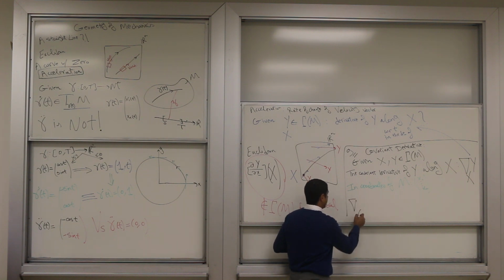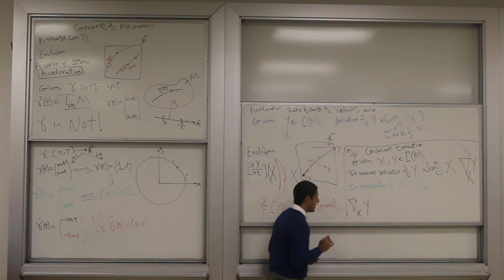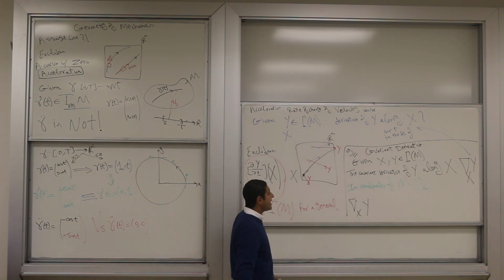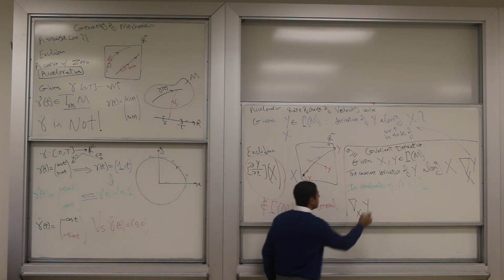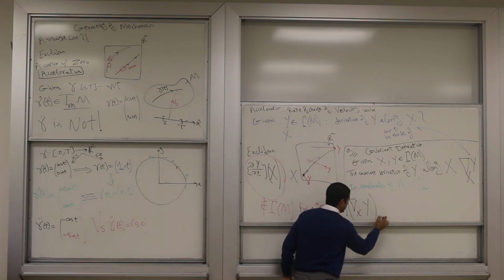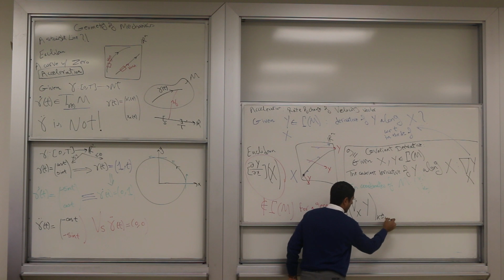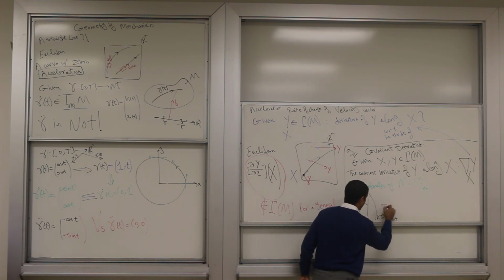So nabla_X Y is a vector, so it has n components. I'll give you the kth component, and you apply it for k equal 1 to n, you get your vector.